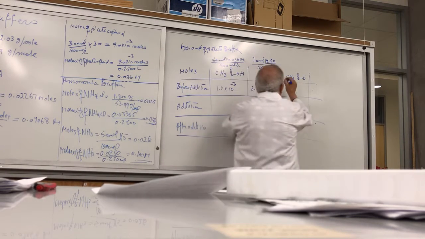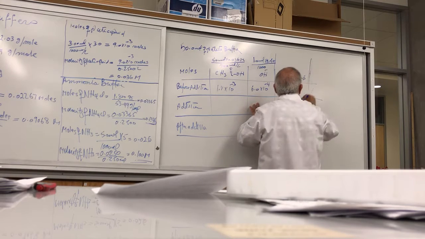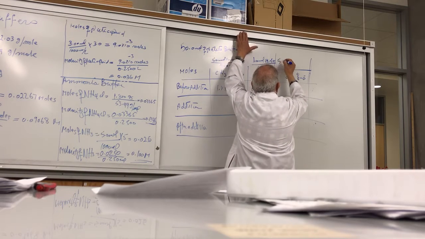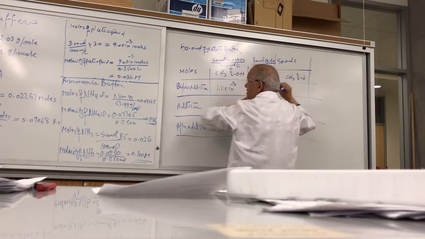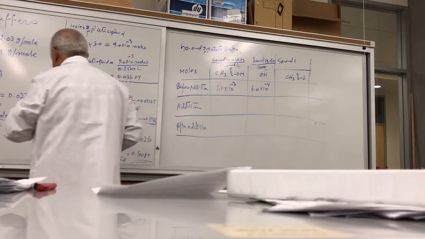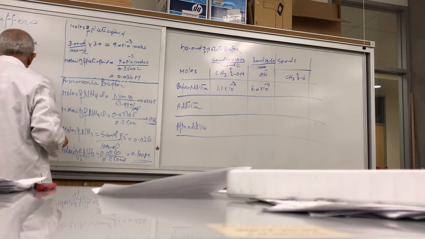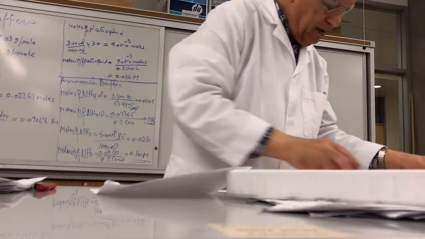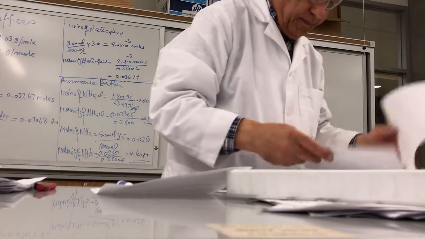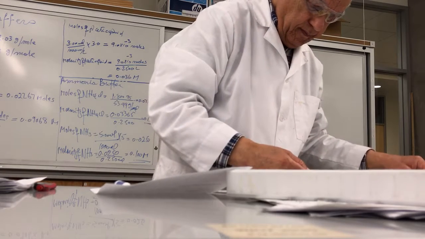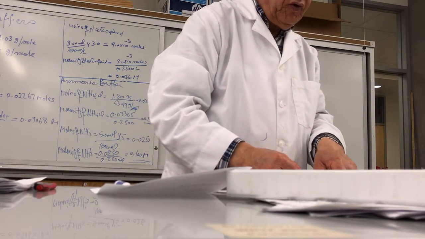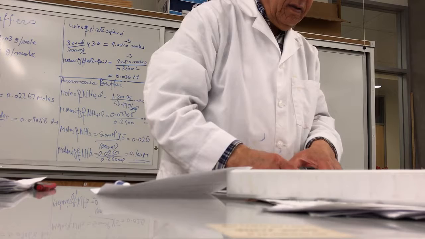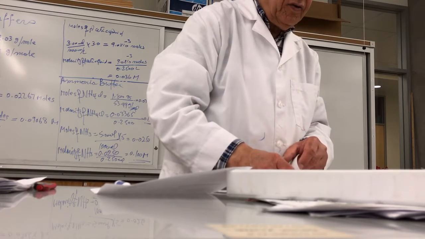What will be the acetate ion? We took 50.0 milliliter here times, what was the acetate? Let me double check my number, guys. Yeah, 0.09068.